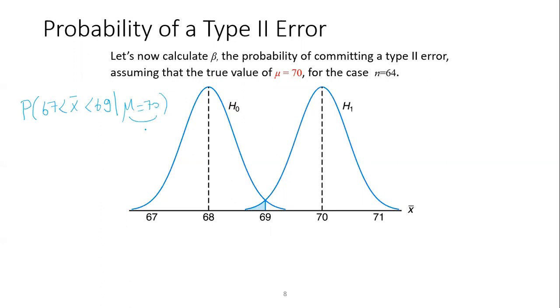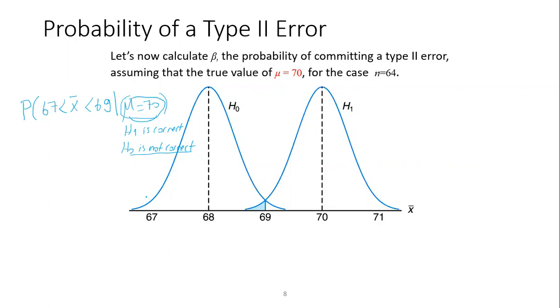So this is H0 is not correct, or given H1 is correct. Remember, we said that H0 not being correct is not enough to calculate the probability, hence we assign a value. Here we assign mu equal to 70.